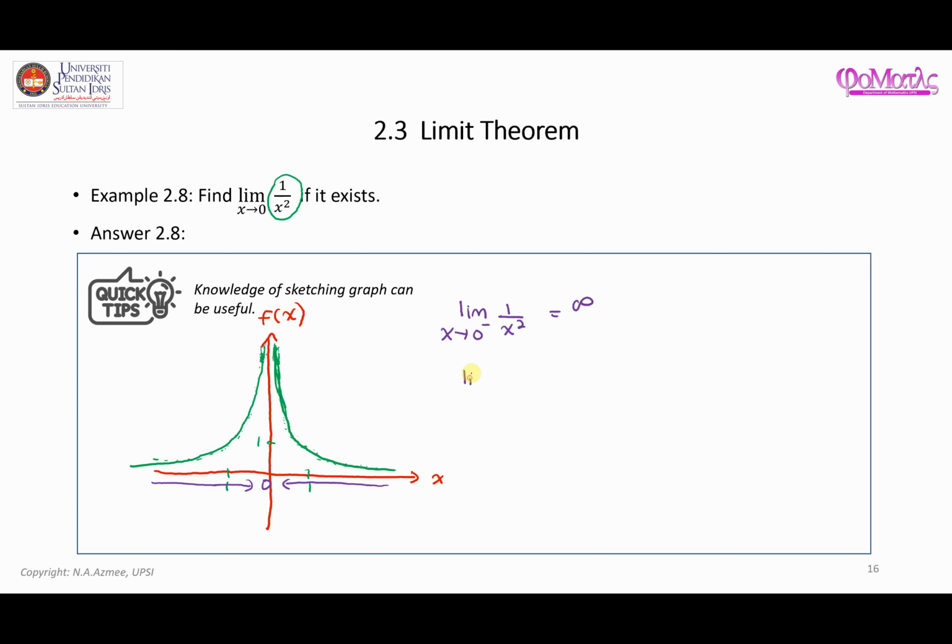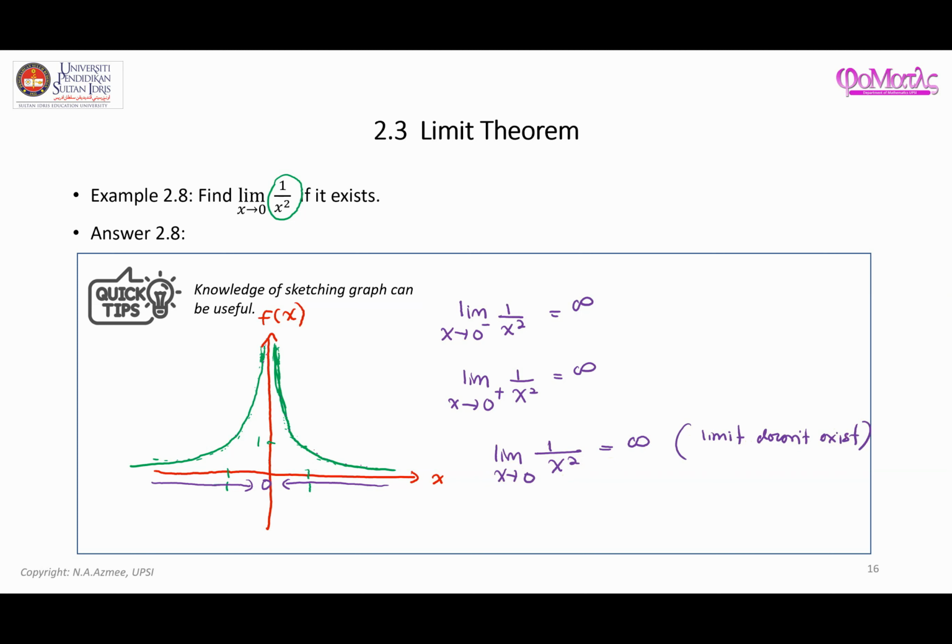So the limit as x approaches 0 from the right direction is going to be equal to infinity. So we can say that the limit as x approaches 0 for this function is equal to infinity, but actually in this case the limit doesn't exist, because infinity is not a number.